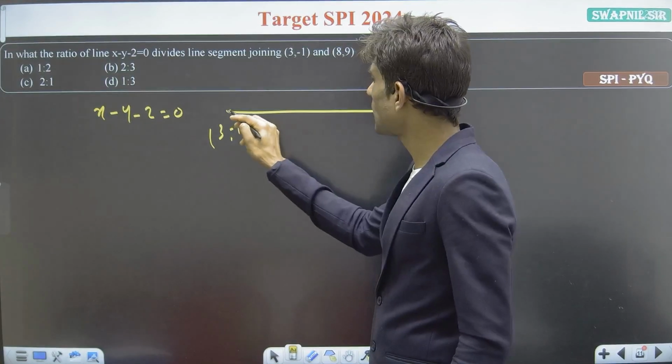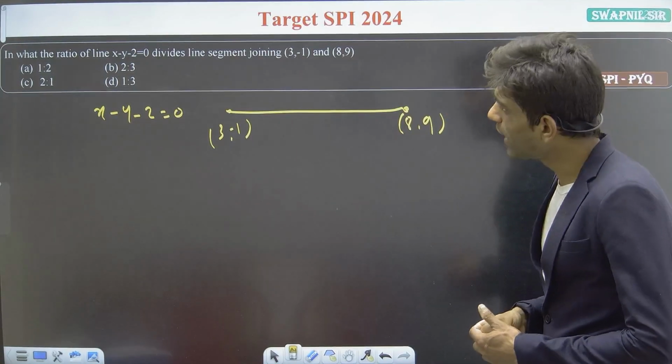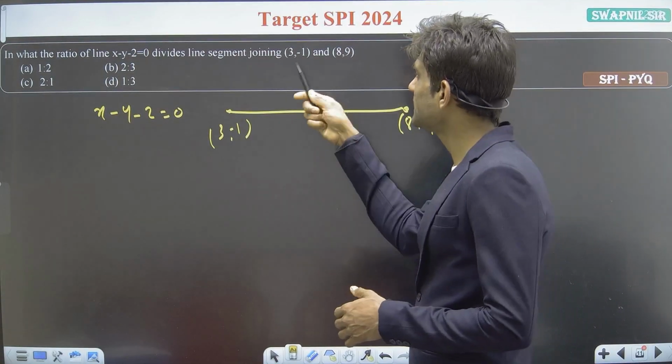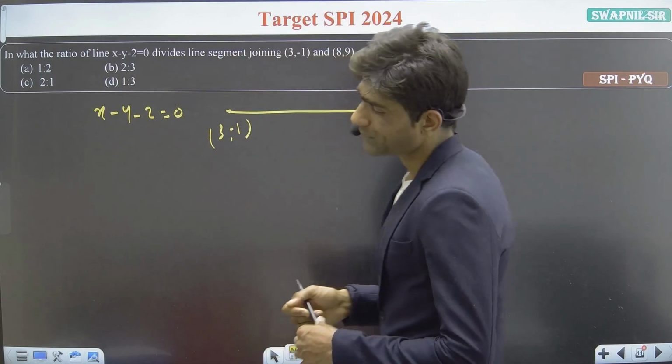This one is the first point, this one is the second point, and we have to find the ratio in which the line divides the segment joining these 2 points.